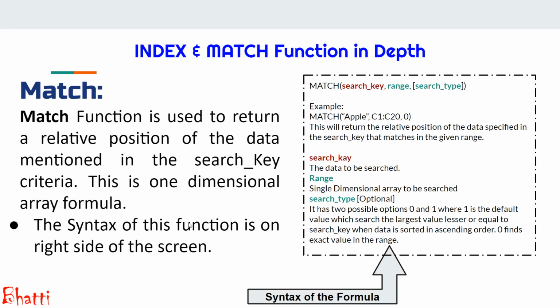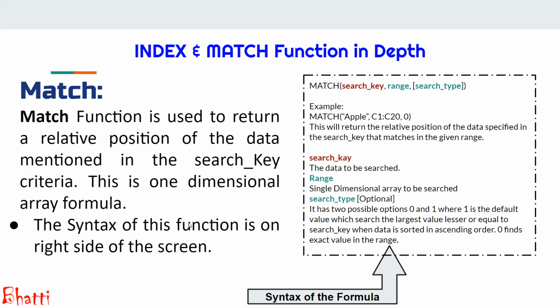Match function. This function will search a given data inside the range and give us the reference of the data of the search key. So in this example, match apple in C1 to C20, 0.